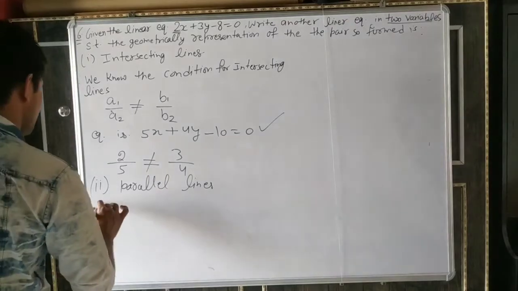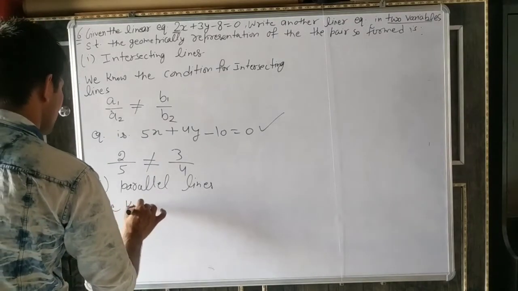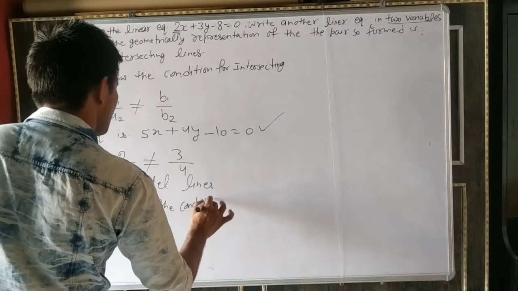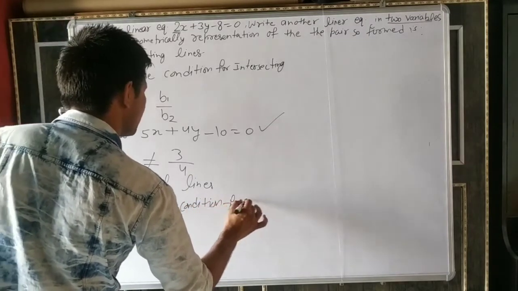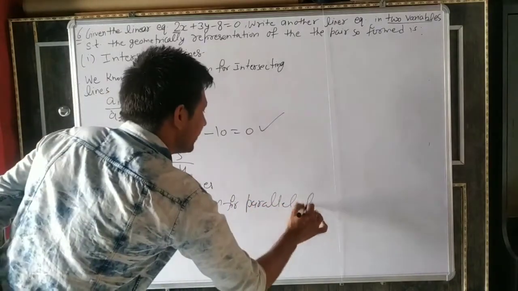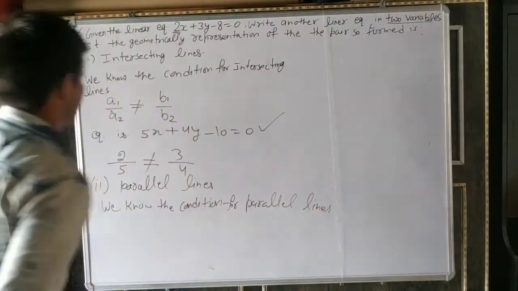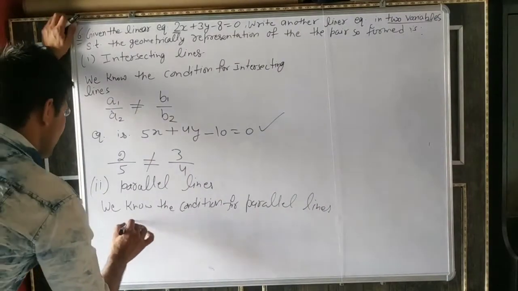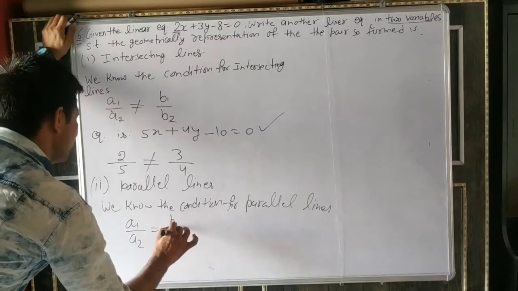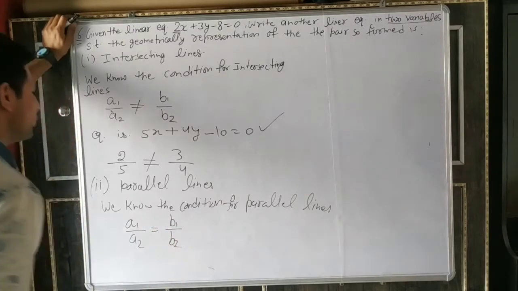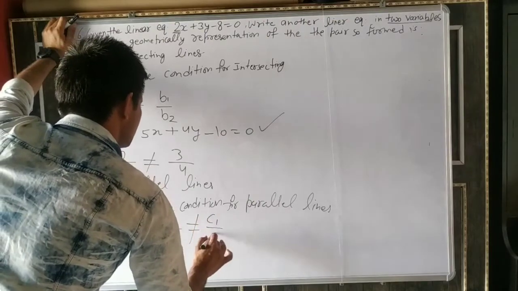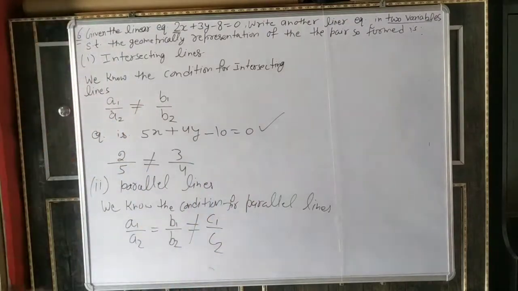So we will write, we know the condition for parallel lines. What is the condition? A1 by A2 equal to B1 by B2 not equal to C1 by C2.